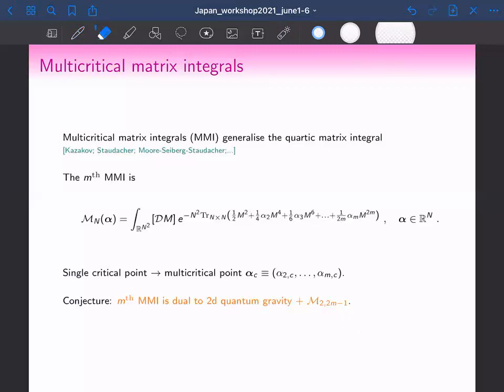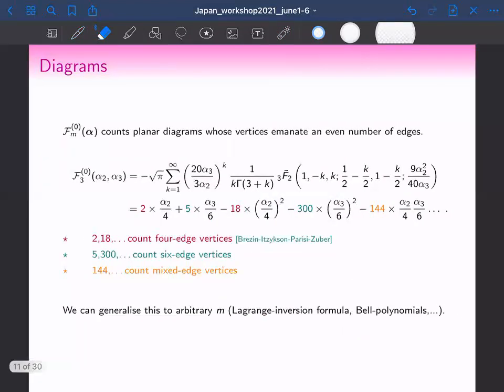So this will guide our way now. Perfect. But before it actually guides our way, I wanted to show you the following thing, because I think it's very, very beautiful. Of course, this multi-critical matrix integral also generalizes the diagrammatics of the quartic matrix integral.